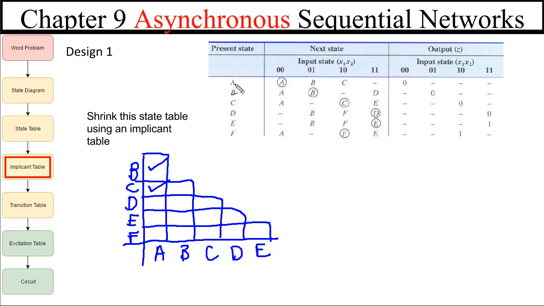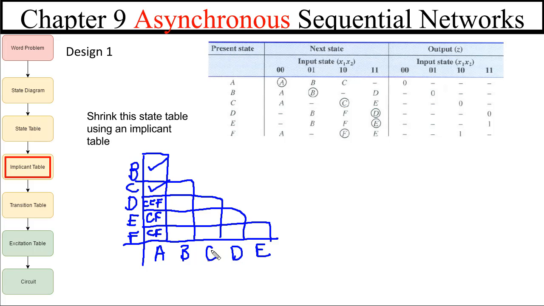We're going to compare A to D. C would have to equal F. That's the only requirement. A and E. C would have to equal F. A and F. C would have to equal F.